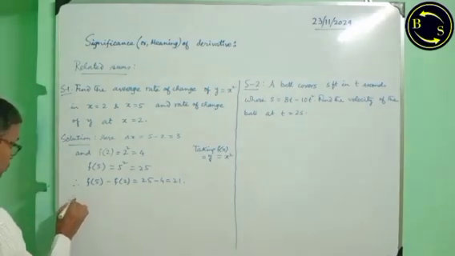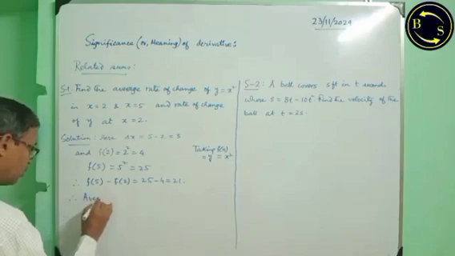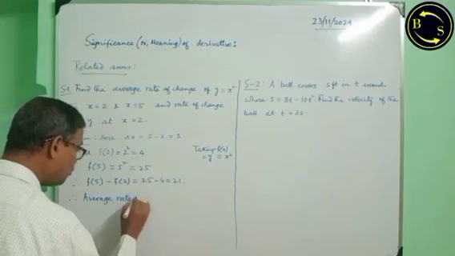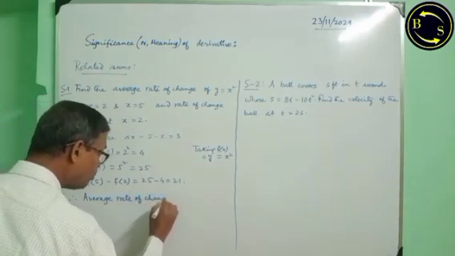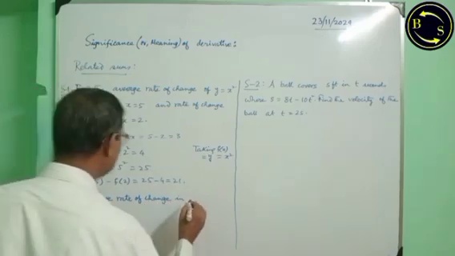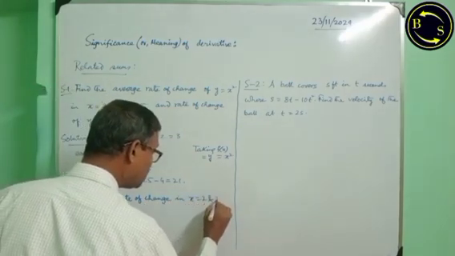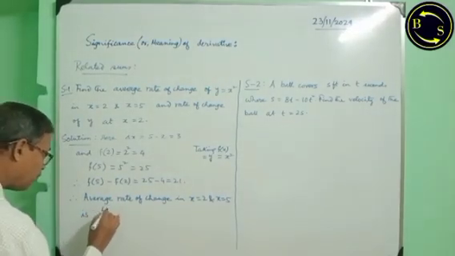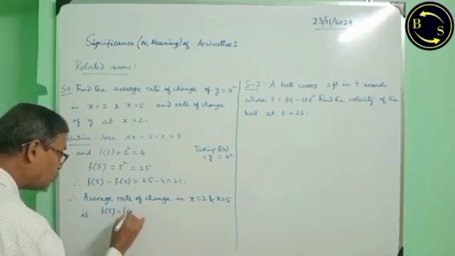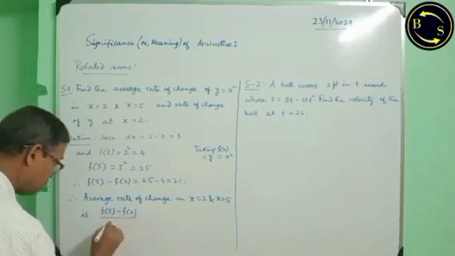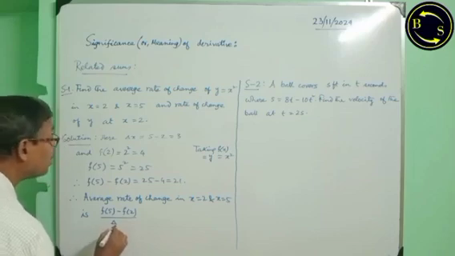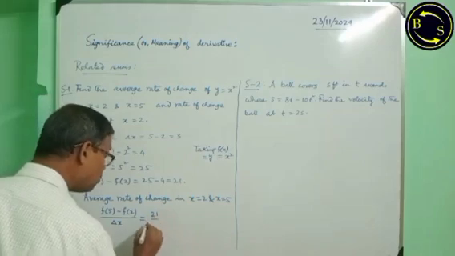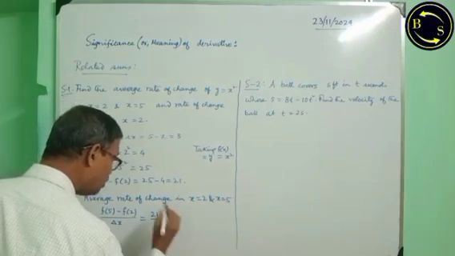Therefore the average rate of change between x equal to 2 and x equal to 5 is f(5) minus f(2) by delta x, that is 21 by 3, 7.